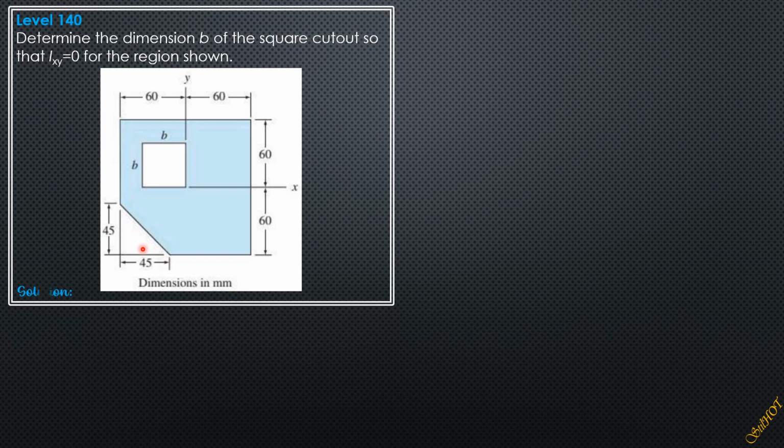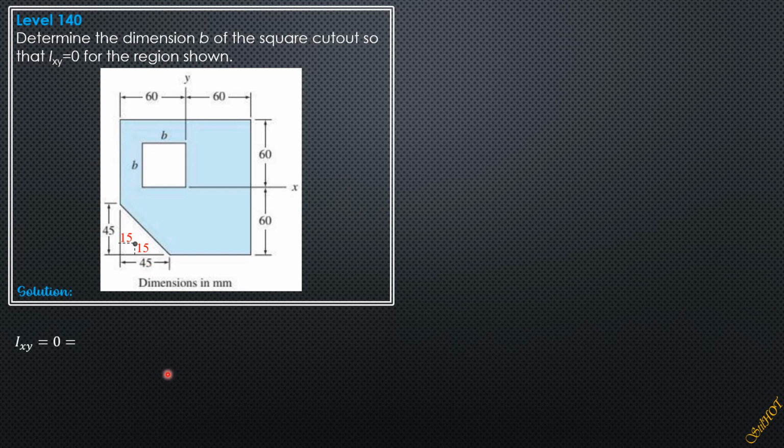And the location of the centroid, this is 1/3 of 45, so 15 from the base. Therefore, x bar from the y-axis is to the left, so negative 45. Y bar is also negative. 60 minus 15 is 45, so negative 45.